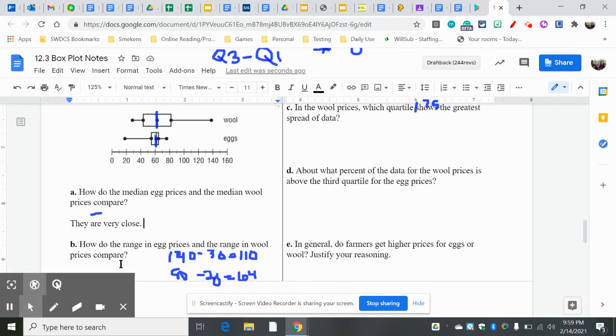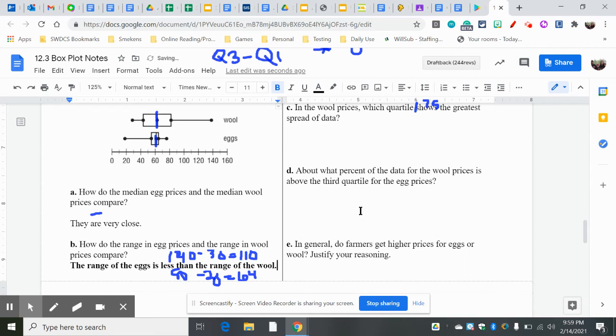You should have said that the range of the wool is greater than the range of the eggs, or the range of the eggs is less than. So let's write down this one together. The range of the eggs is less than the range of the wool. Write that sentence down also, okay?